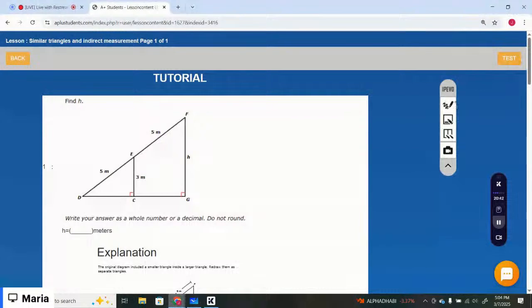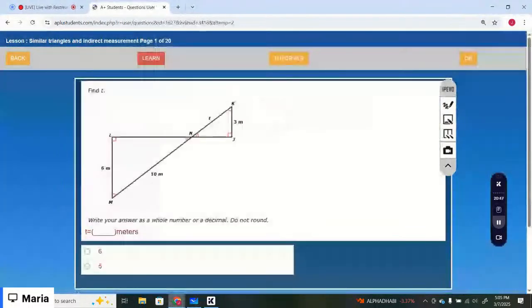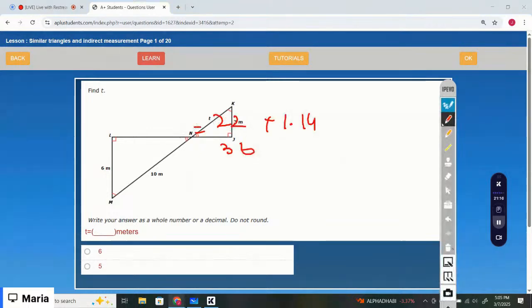Let's just start with the test questions. Find T. So you have to find a side length of T. The triangles are similar.